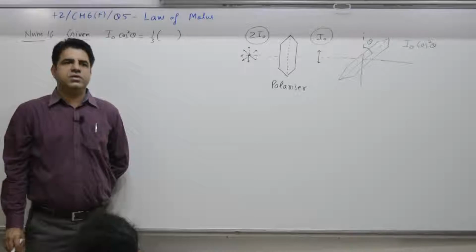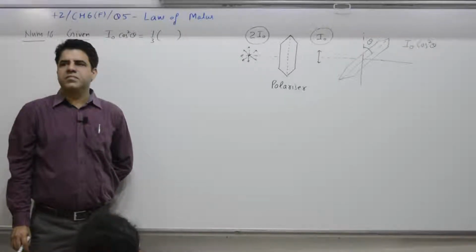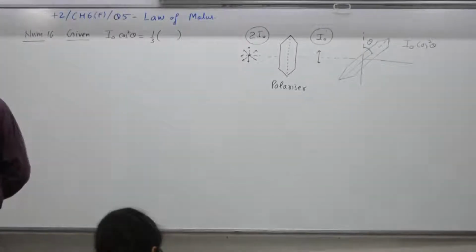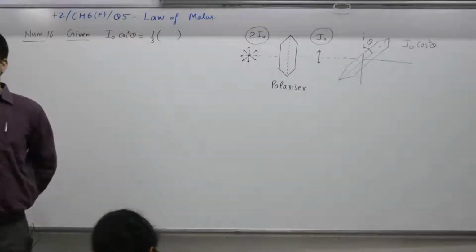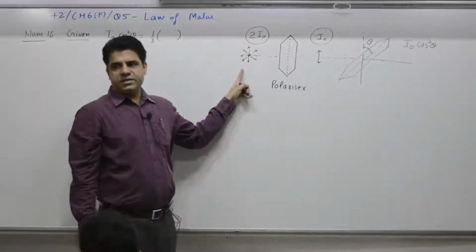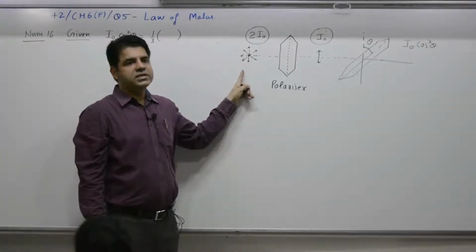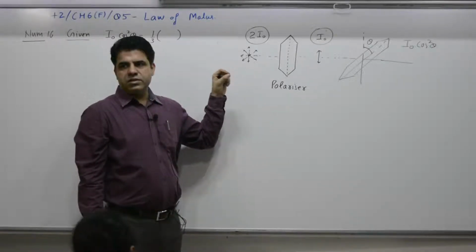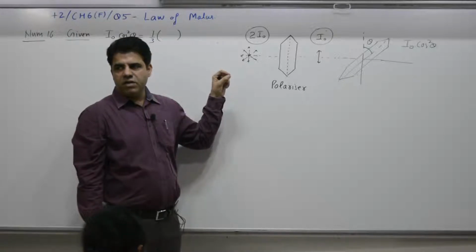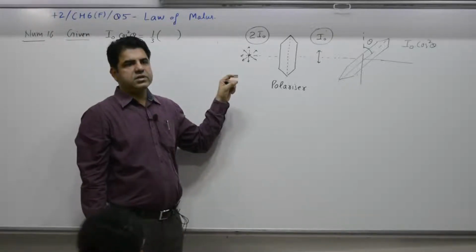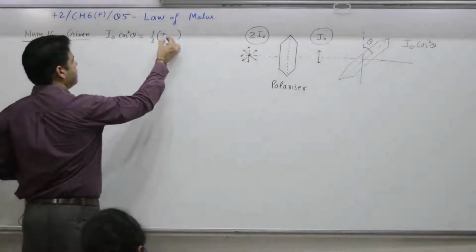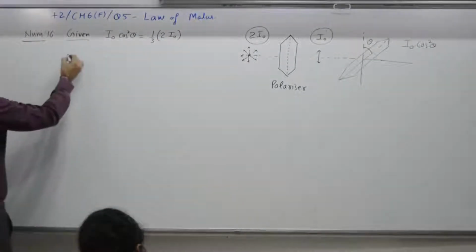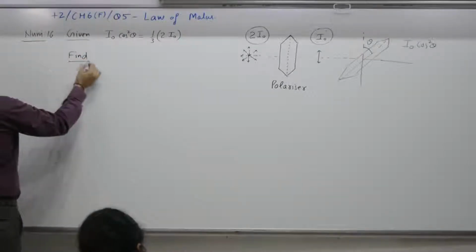I naught or 2 I naught? Refer to the question: 1/3 of unpolarized. This light is unpolarized. If the question is 1/3 of polarized, then it is 1/3 of I naught. That is a major issue in competition. It is 1/3 of unpolarized light, that means it is 1/3 of 2 I naught. Given, find theta.